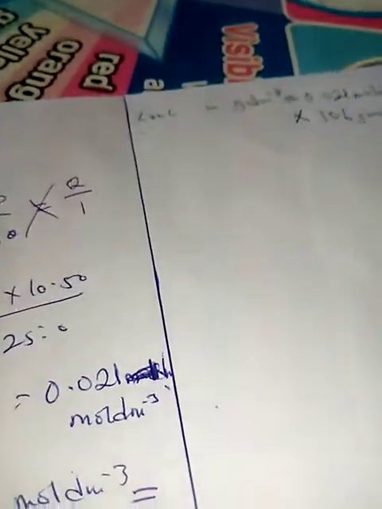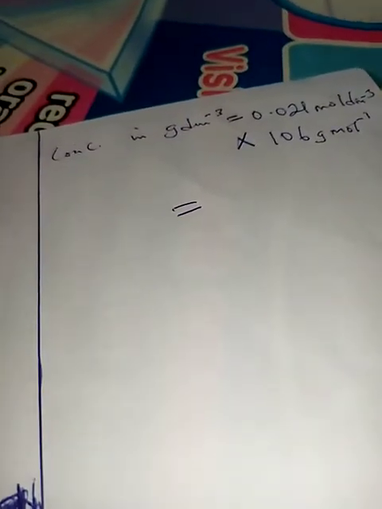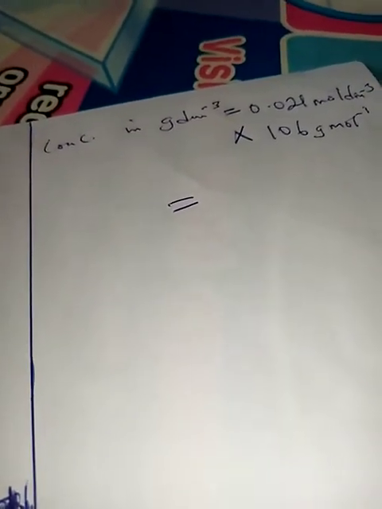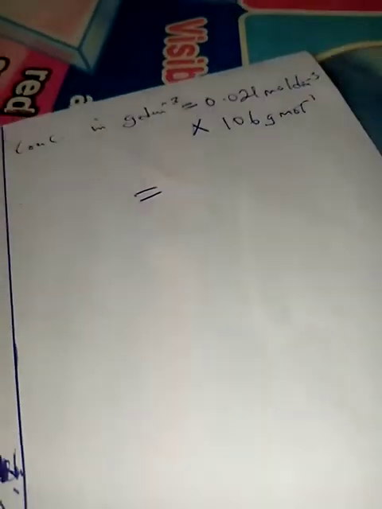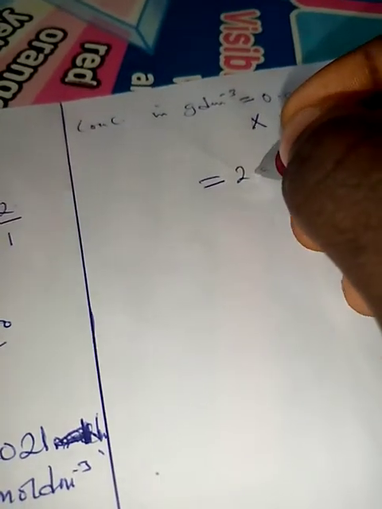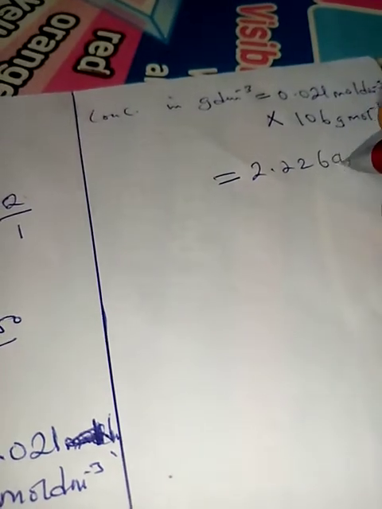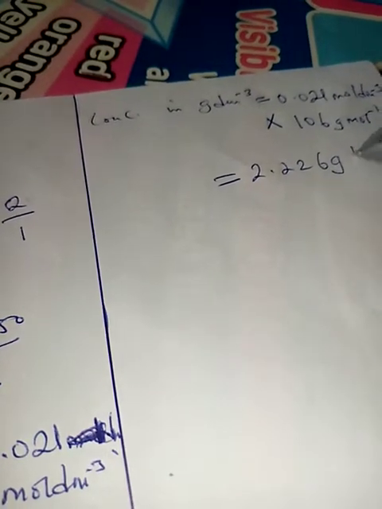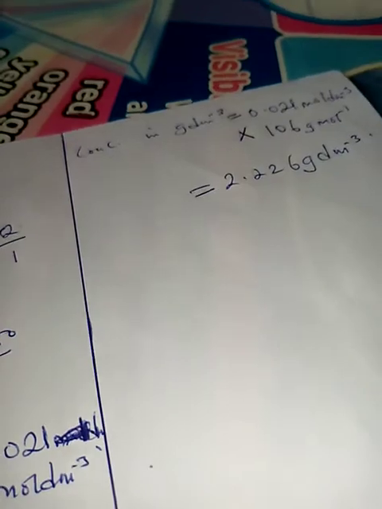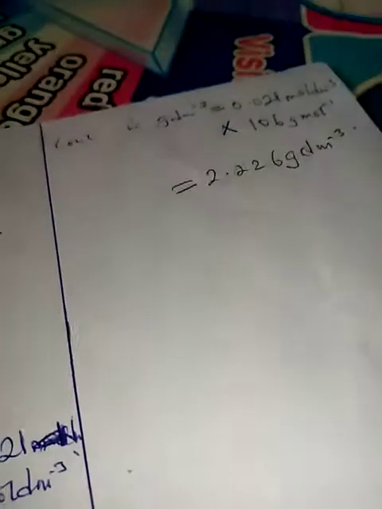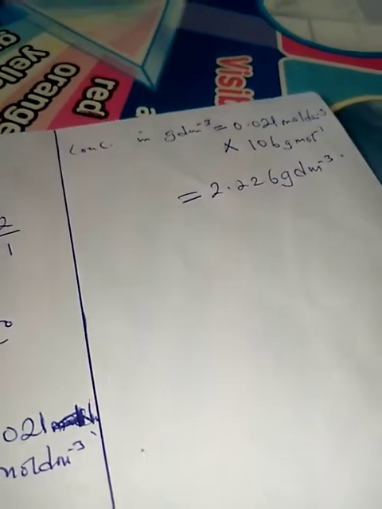Mole. So when we do this, 0.021 times 106 is going to give us 2.226 gram per dm cube. That is the amount present in gram per dm cube.